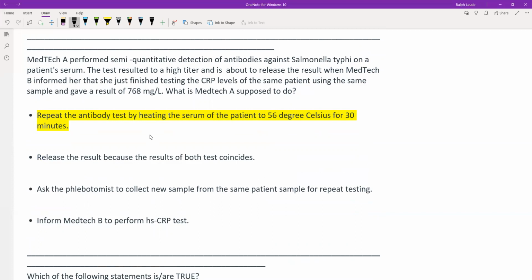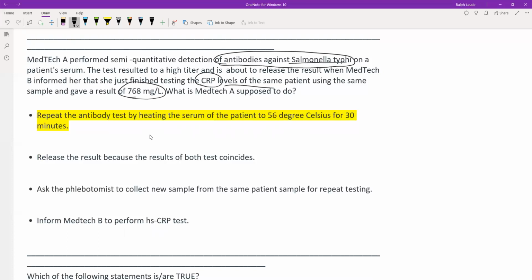If you understand the question, MedTech A is performing antibody detection, the presence of antibodies in the patient's serum against a particular bacteria. Since it is a bacterial infection, of course a high titer of CRP is expected. So when MedTech B informed MedTech A that the CRP level of the same patient, using the same serum sample, was 768 milligrams per liter, that is really high and indicative of infection.